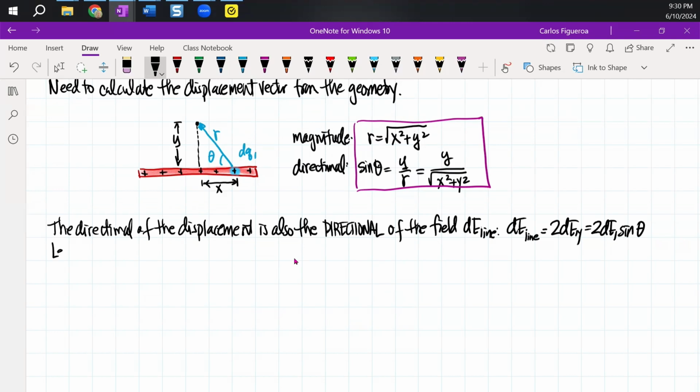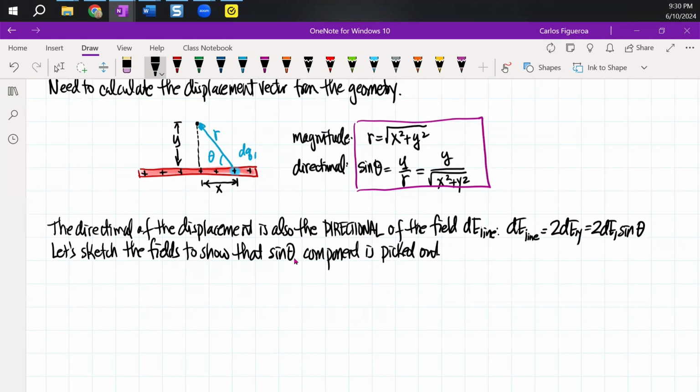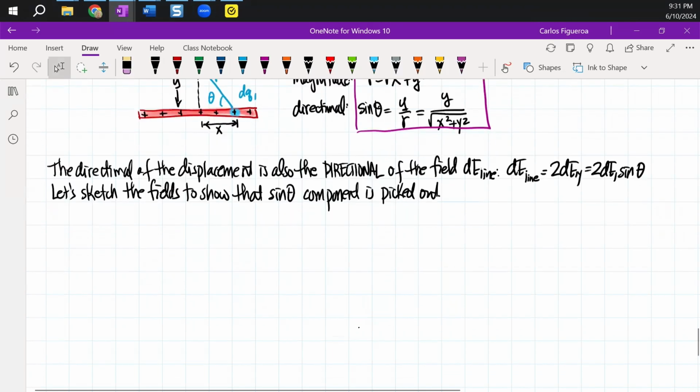So let's sketch the fields to show that the sine of theta component is picked out. So let's do that. The first thing that we need to do is draw our line.